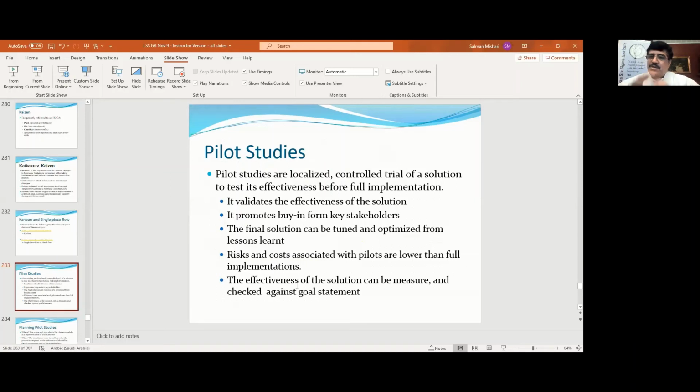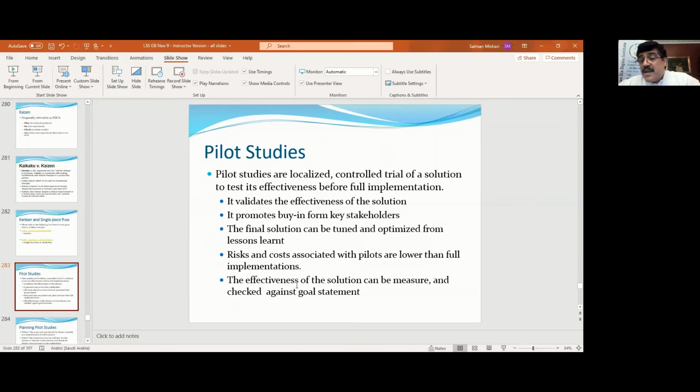Maybe you want to choose a small portion, and then you validate the effectiveness of your solution, and if it proves that it is good, then you go for a rollout. I'm sure everybody has heard of a pilot study. A pilot study is basically a localized, controlled trial of a solution, to test the effectiveness before full implementation.